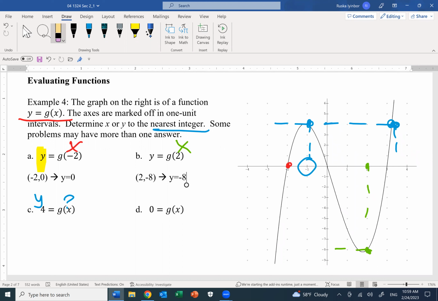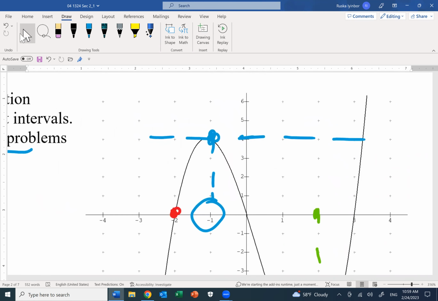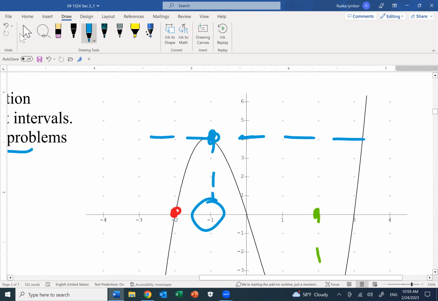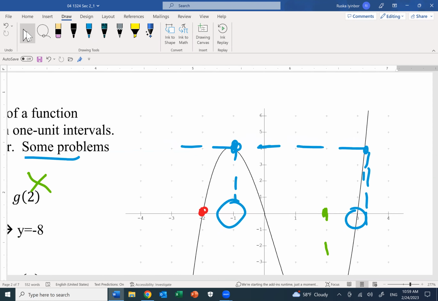Let me zoom in to see if it's close to 3. Yes, this point here, when you go down, is close to 3. It's not exactly 3, but it says round to the nearest integer, so I'm going to take 3.